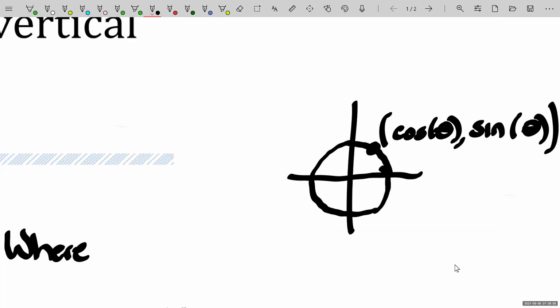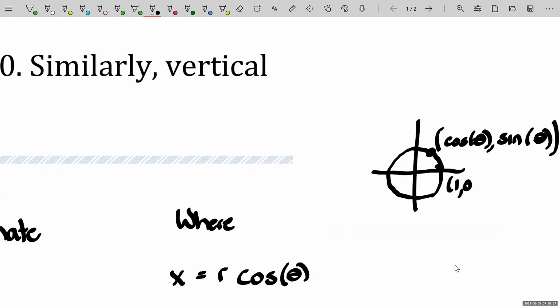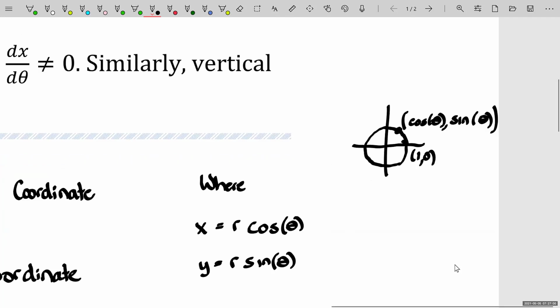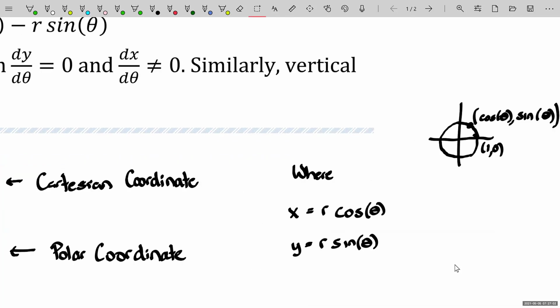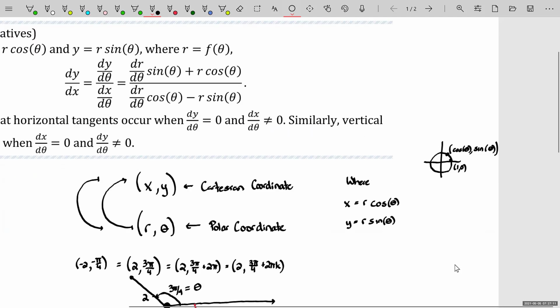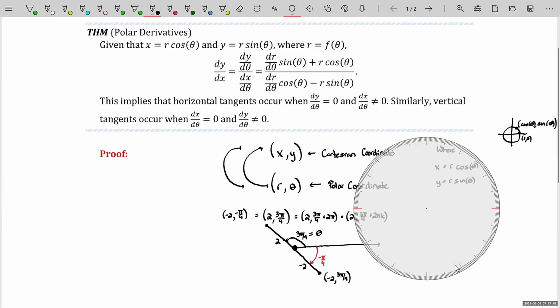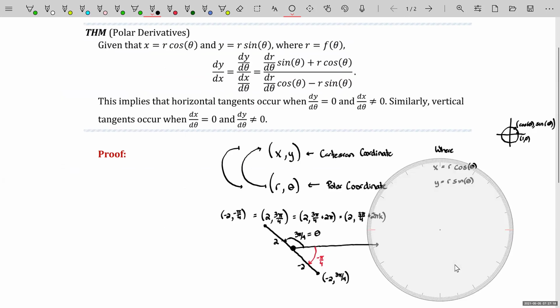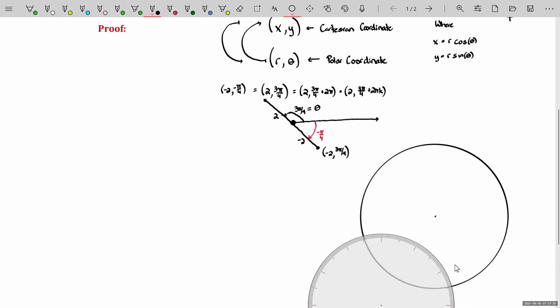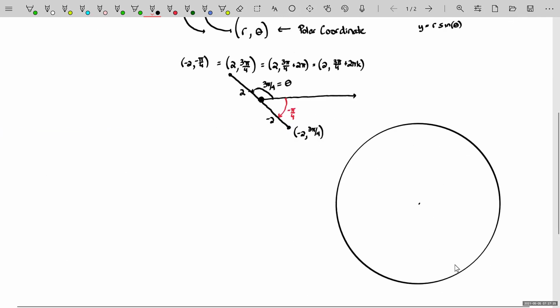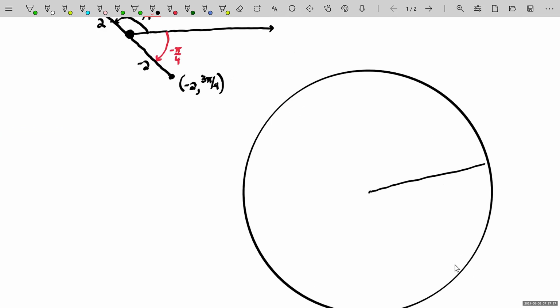If you go beyond a unit circle, let's get a nice circle in here. If you go beyond the size of a unit circle, let's say we have a circle of radius, I don't care what this radius is, let's just pretend it's a circle of radius 5.